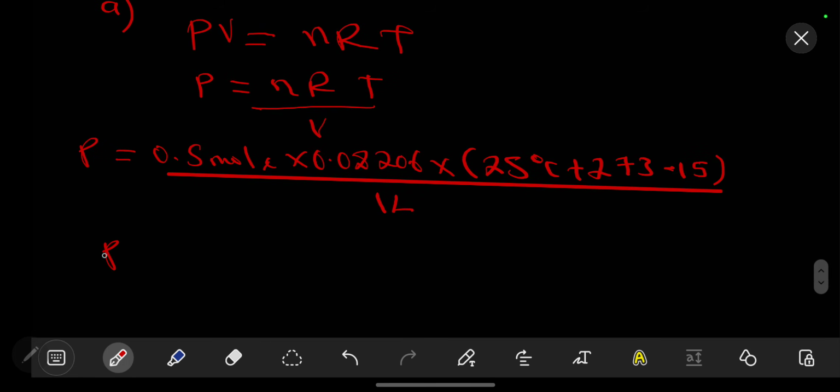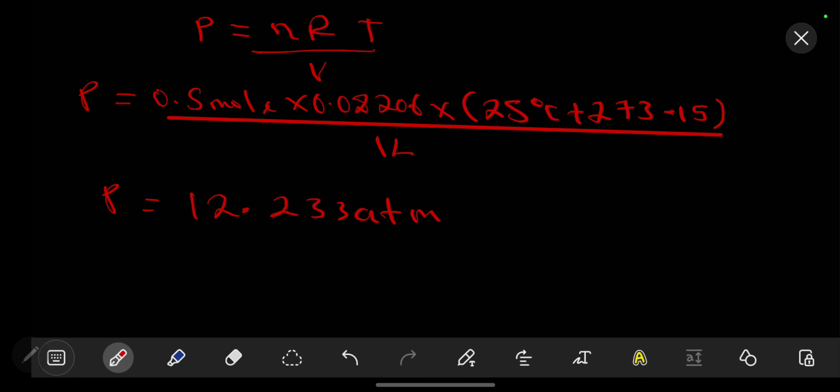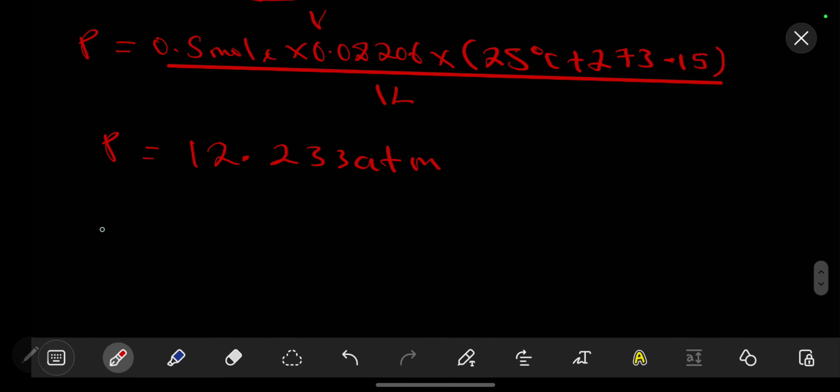So when we multiply 0.5 times 0.08206 times 25 plus 273, our outcome will be 12.233 atmospheres. Dividing by 1 liter doesn't change anything, and the units for pressure, if the volume is in liters, will be in atmospheres. Let's look at our B.